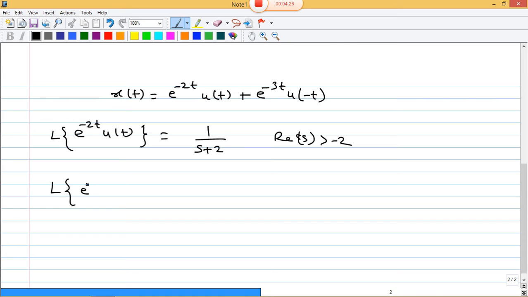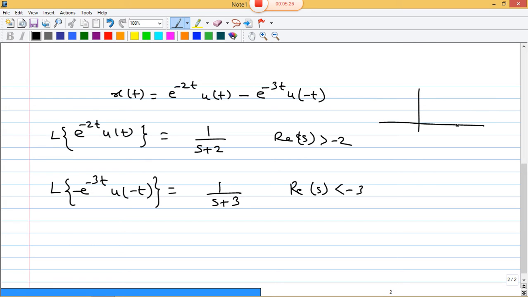For e to the power minus 3t u of minus t, 1 by s plus 3 will be there, with a minus sign, and the ROC is less than minus 3.